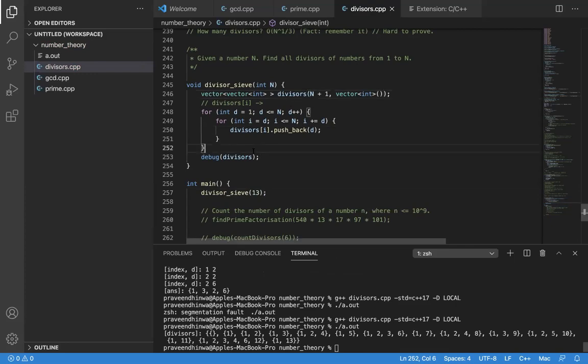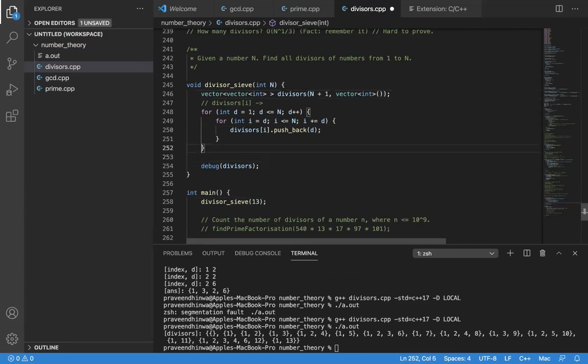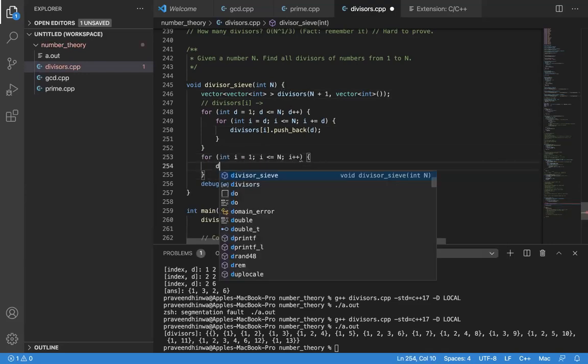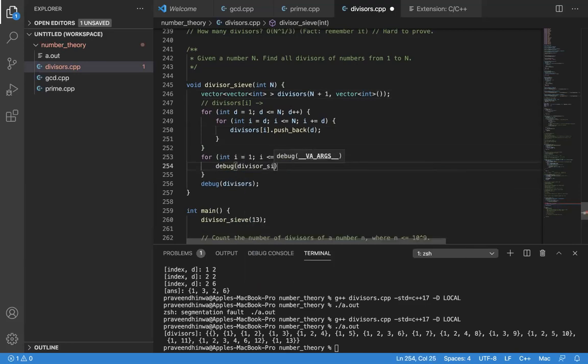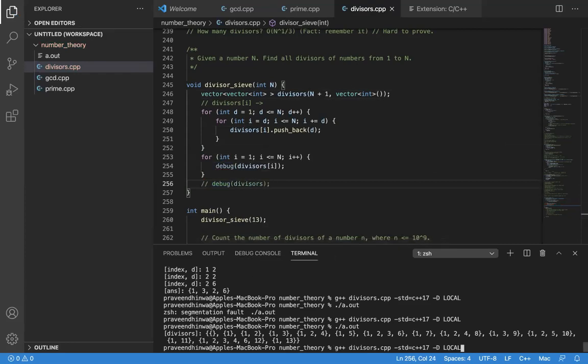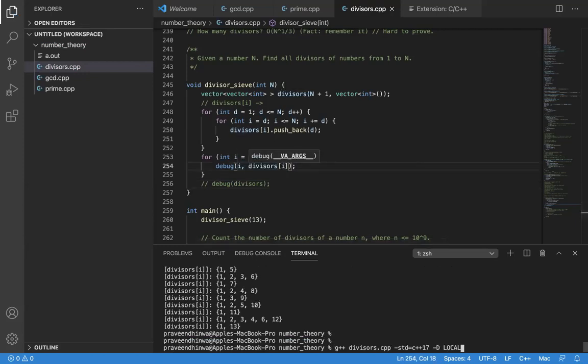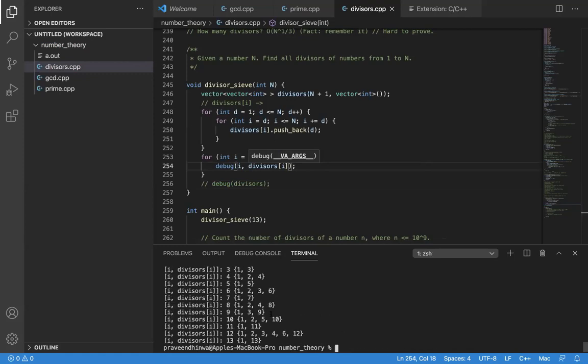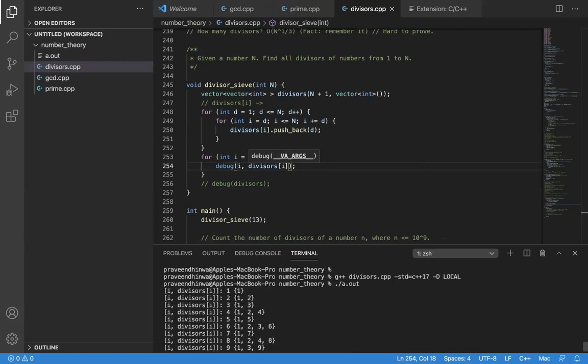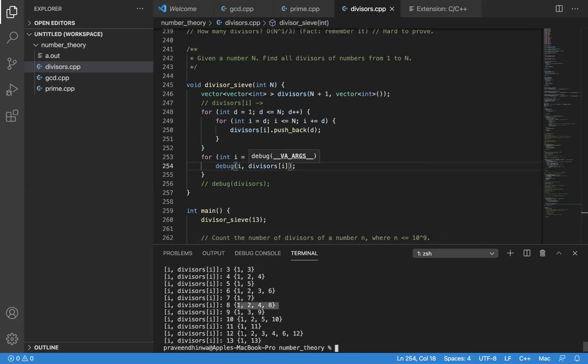So for i equal to 1, i less than n, print divisors of i. So see, divisor of 1 is 1, divisors of 2 are 1, 2, of 3 are 1, 3, of 4 are 1, 2, 4, and of 12 you can see there are 6 divisors.